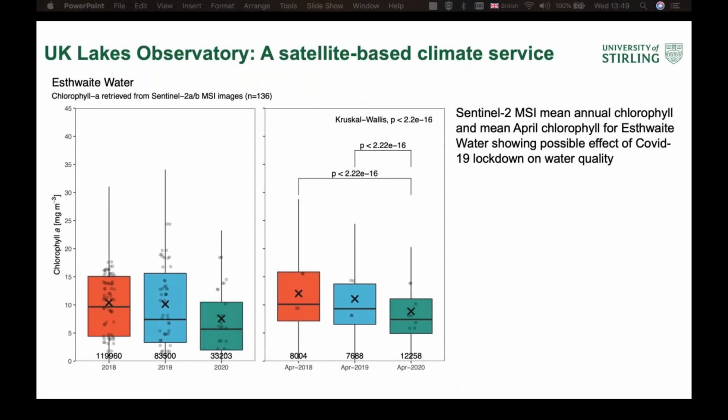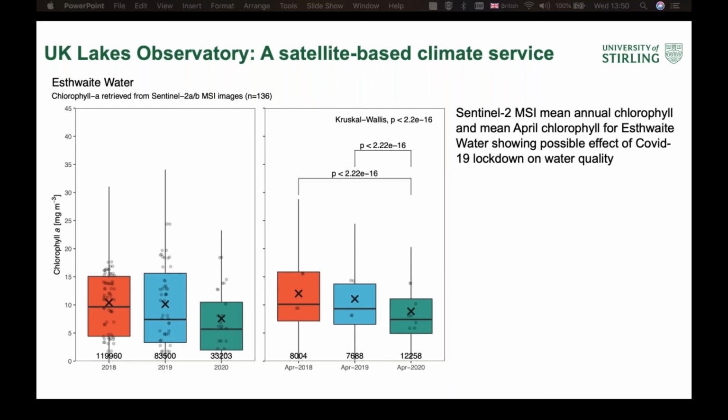Comparing now the 2020 concentration of chlorophyll A in this specific water body to previous years, we can see a pronounced decrease in chlorophyll A during 2020.